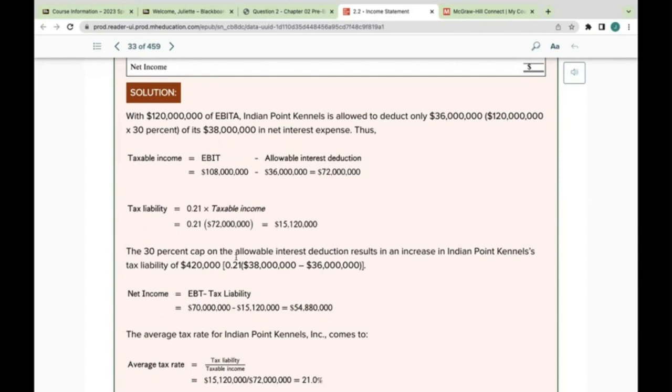Yeah, but in every little problem they tweak it a little. Then they used EBIT. Only this. Oh, they subtract the allowable interest deduction, and I think that's what the A stands for.